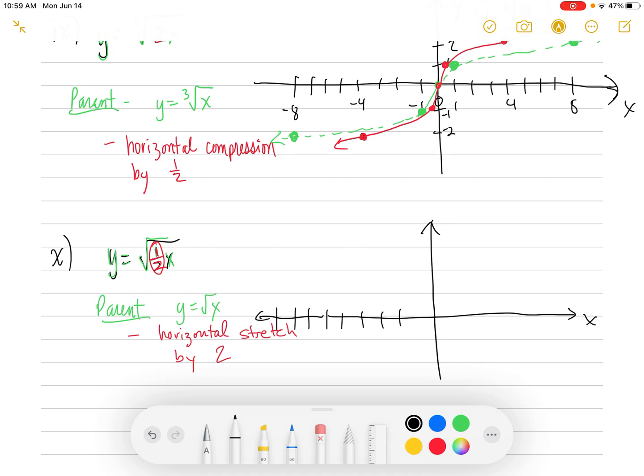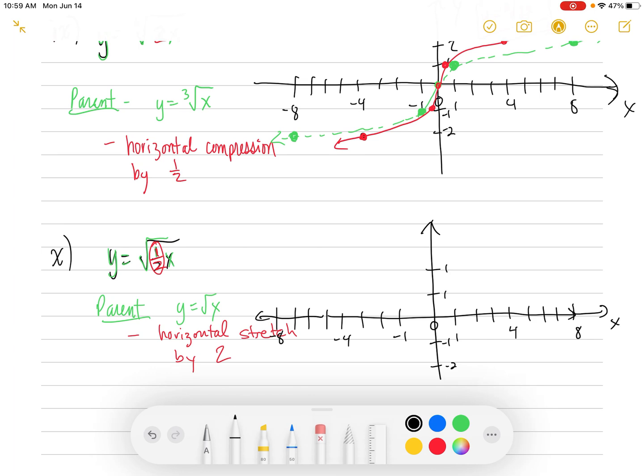Graph the parent. Let's see. I'm going to do 1, 2, 3, 4, 5, 6, 7, 8. 0, negative 1, 2, 3, negative 4, negative 5, negative 6, negative 7, negative 8. I'm going to do 1, 2 here.